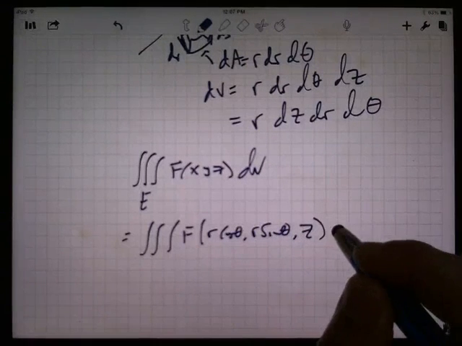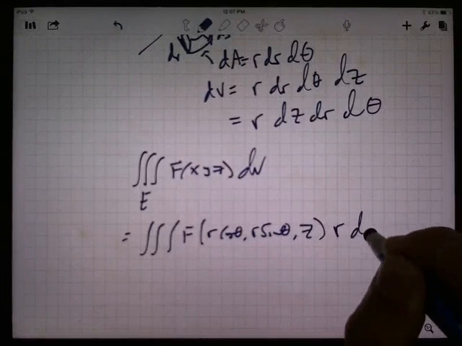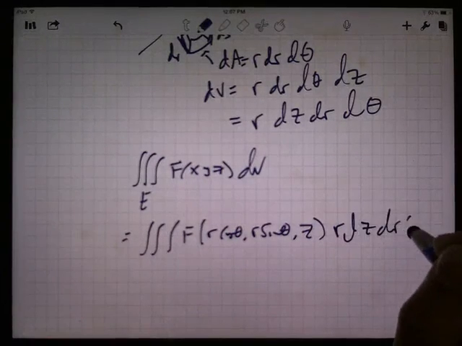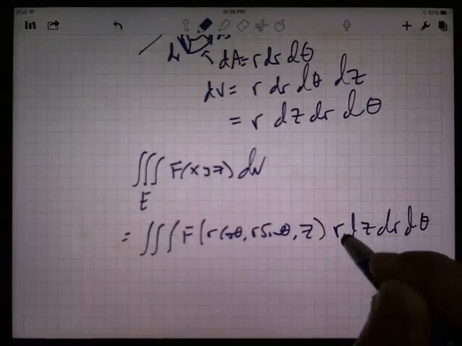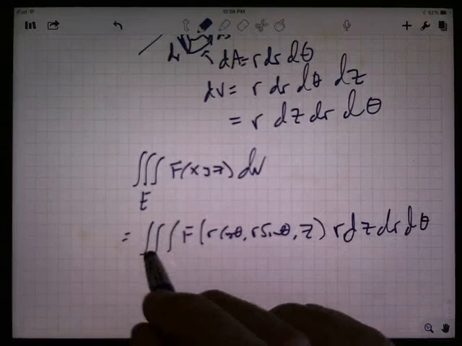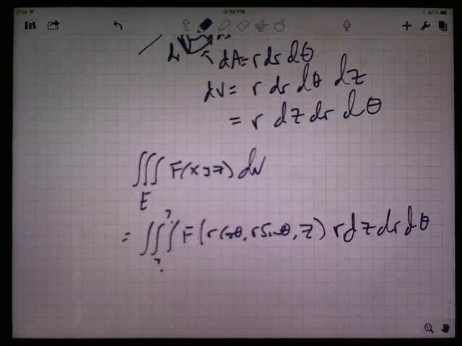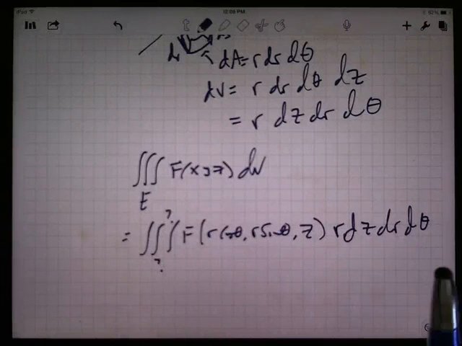And then the dV is r dz dr d theta. There we go. And then you've got to set up your limits appropriately. I'll put question marks there just because I don't know what they are yet, but there are certain limits.